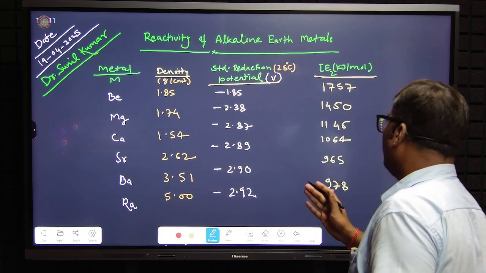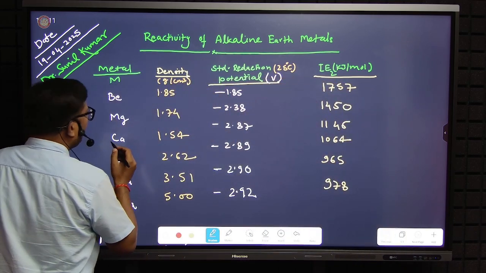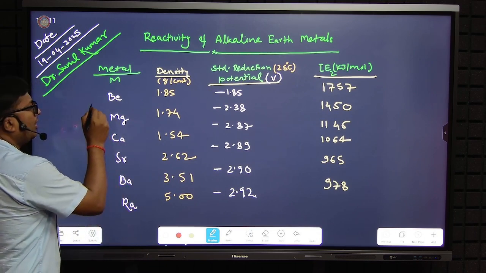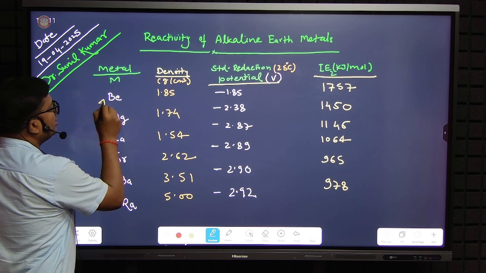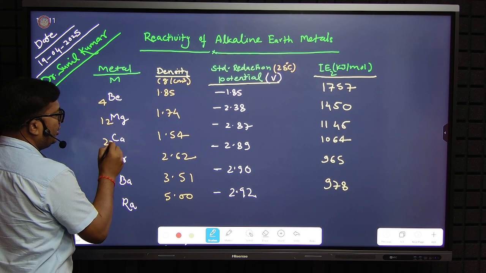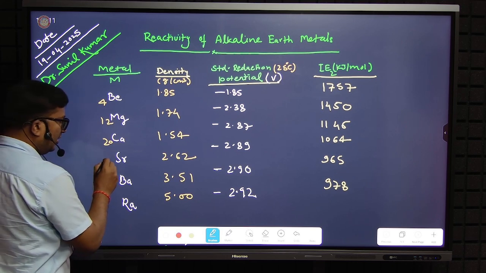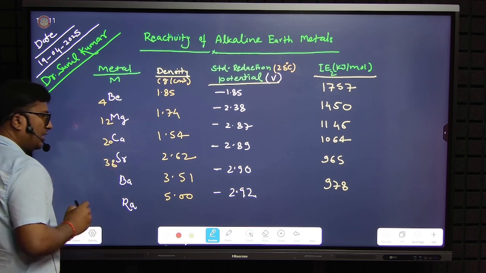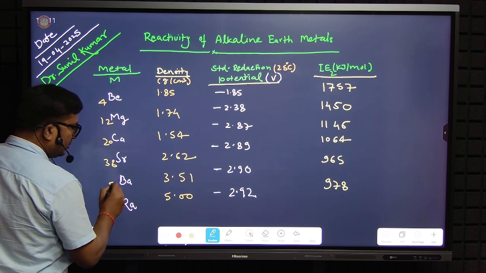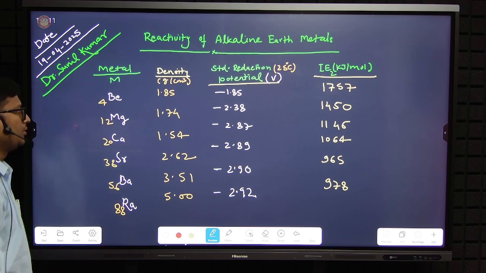So in their respective groups, the atomic numbers, as previously given, are 4, 12, 20, 38, 56 and 88, right?